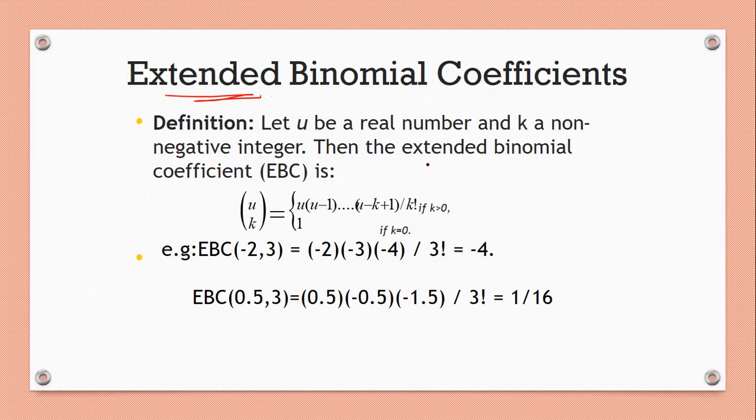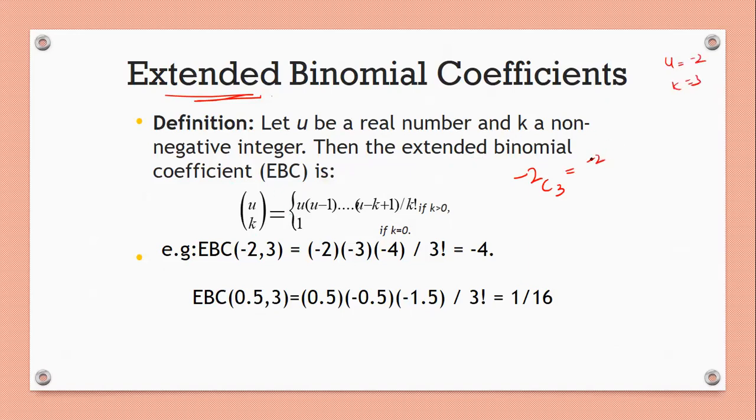Suppose we have the example minus 2 C 3. What is minus 2 C 3? What is our u? u is minus 2 and k is 3.